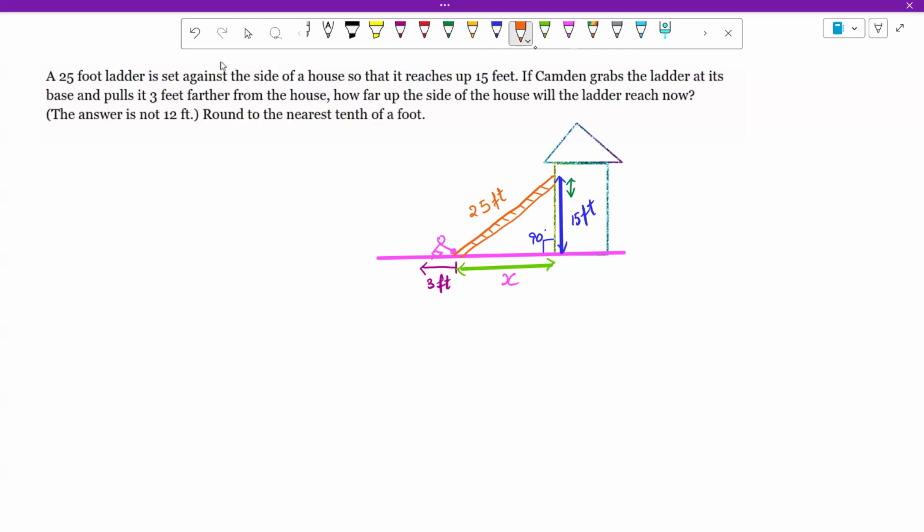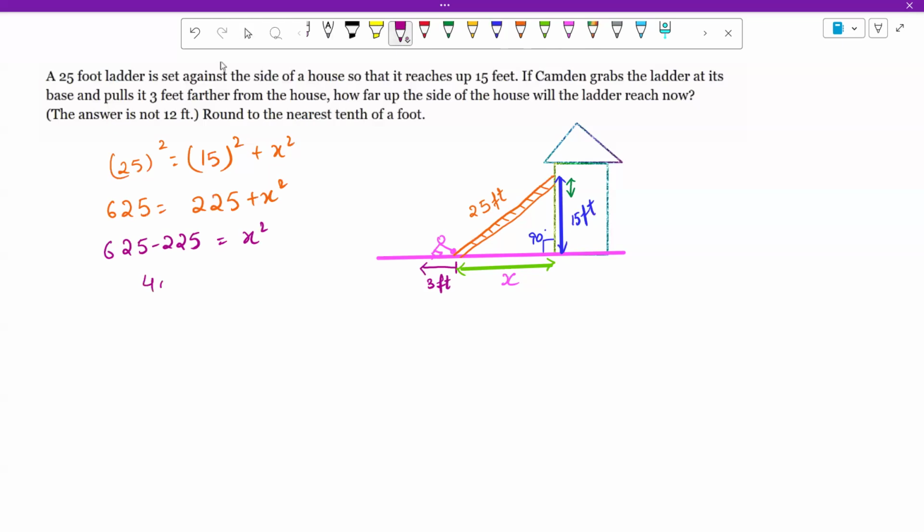So we are getting 25 squared is equal to the height, which is 15 squared, plus the base, which we don't know. Now we got 25 squared is 625, 15 squared is 225, plus x squared, and x squared is equal to 625 minus 225, which is giving us 400.